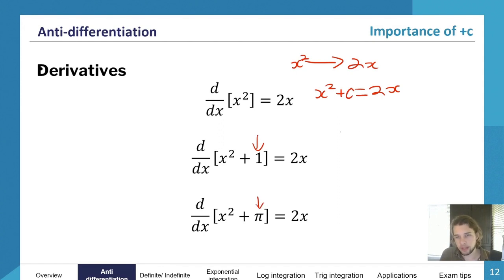Now, just a little recap, if we were to derive, let's say 2x cubed, that would become 3 times 2x squared. So you really should be pretty comfortable with these general rules to quickly derive things, because they're very useful, and they will also be useful in anti-differentiating.